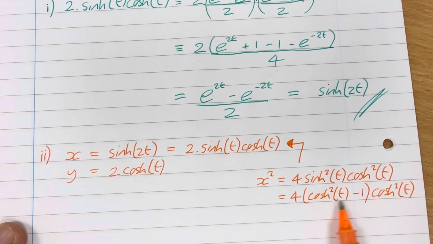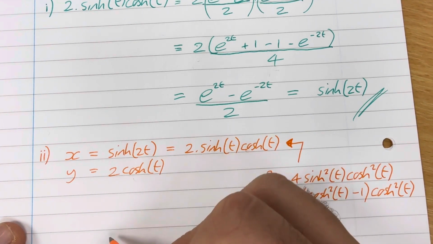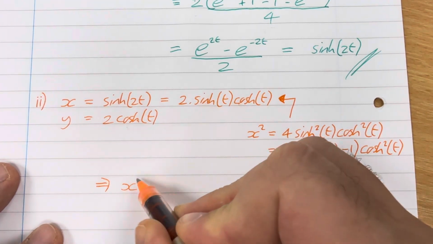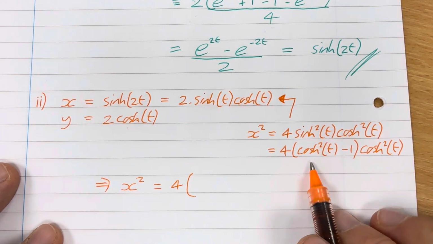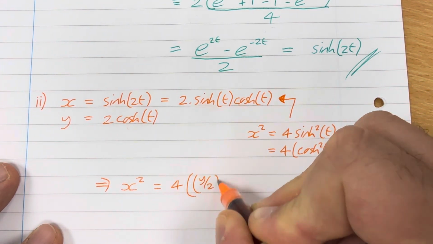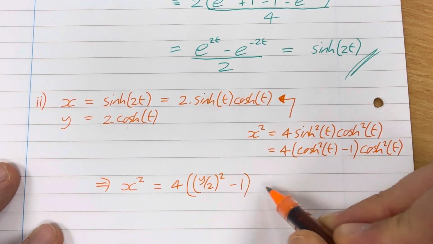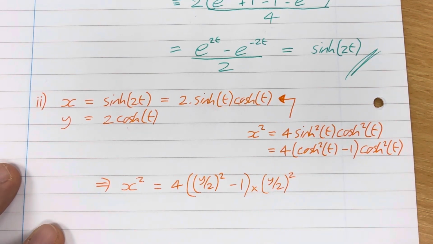And now I can see that I've got cosh appearing twice and no sinh. So I can use this definition in here. So that's going to give me that x squared is equal to 4 into cosh squared of t, which is y on 2 squared, subtract 1, times cosh squared of t again. Okay, tidy that up.